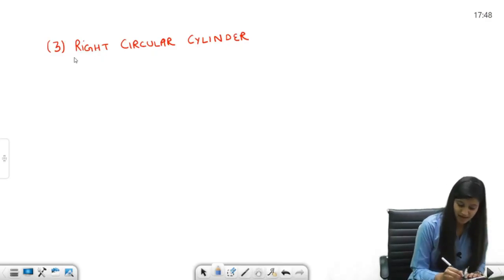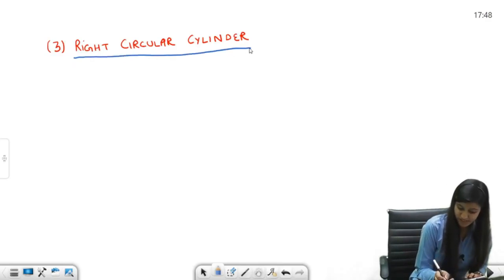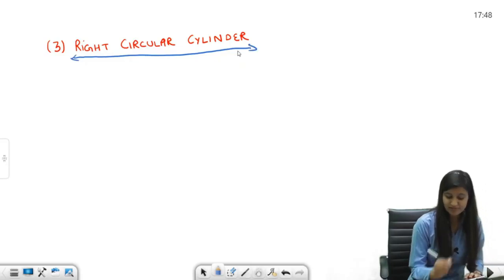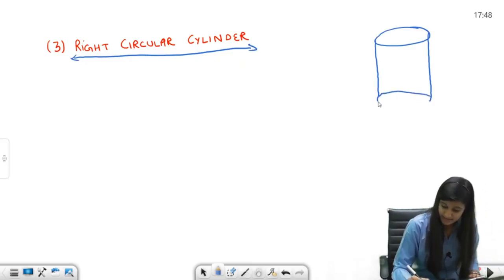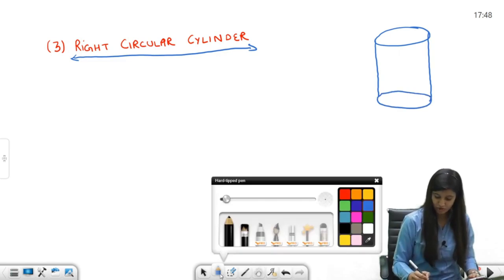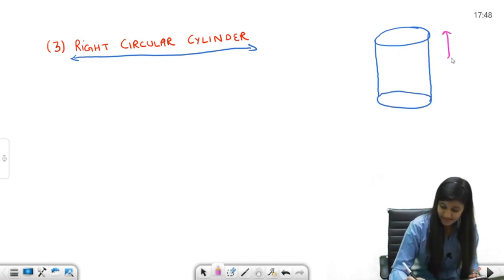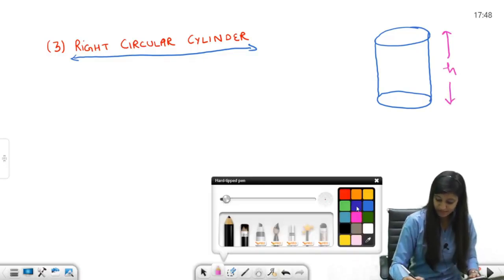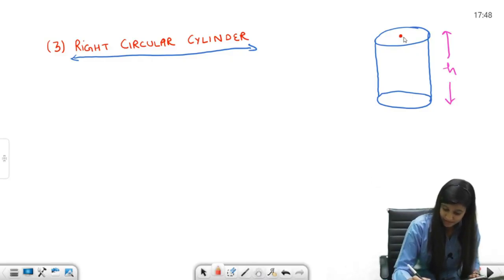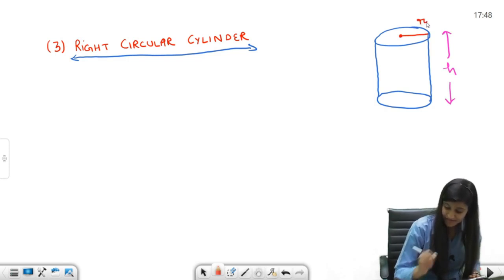Let's discuss our next shape, which is the right circular cylinder. A cylinder will have two things. The first one is its height, and the second one would be the radius of the base. I am representing the radius by r. R is the radius of the base.